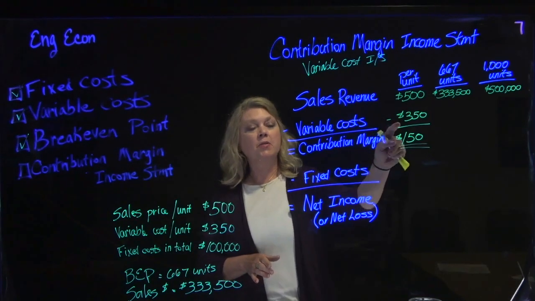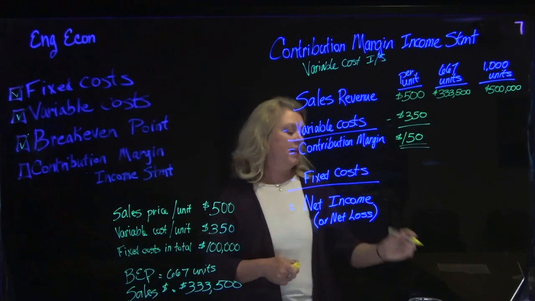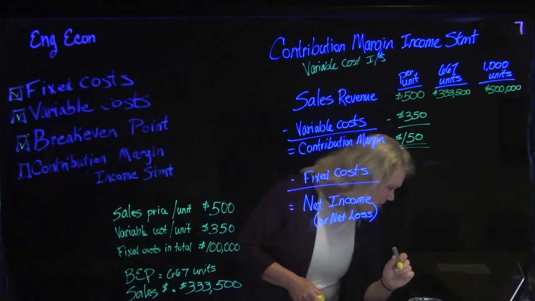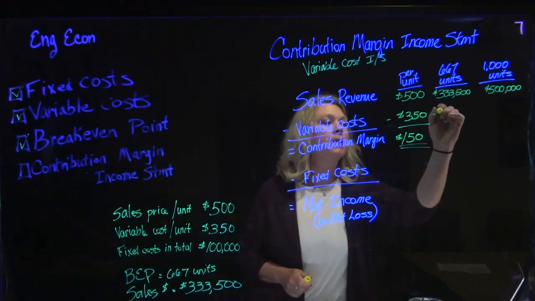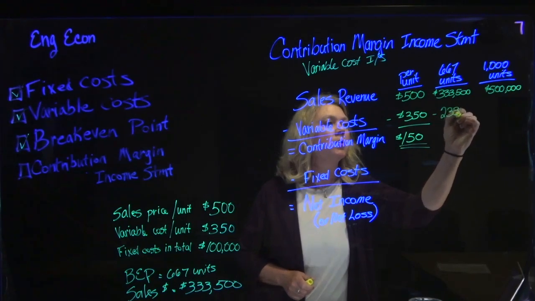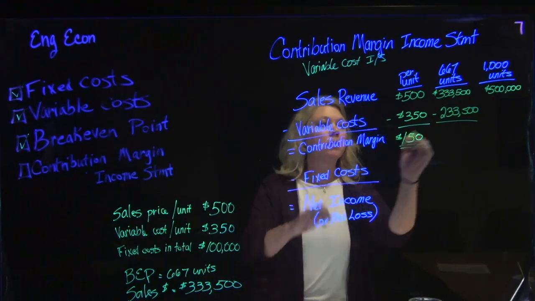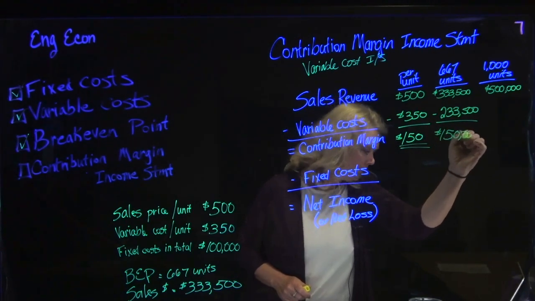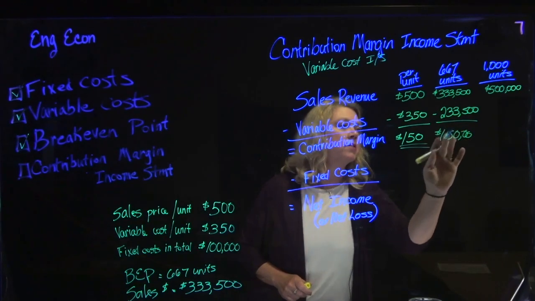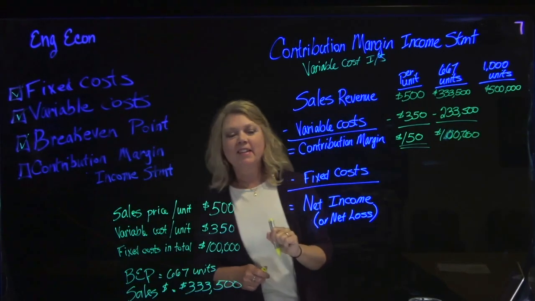Our variable cost, $350 each, times 667 units, works out to variable cost total of 233,500, which leaves us with contribution margin of $100,000.